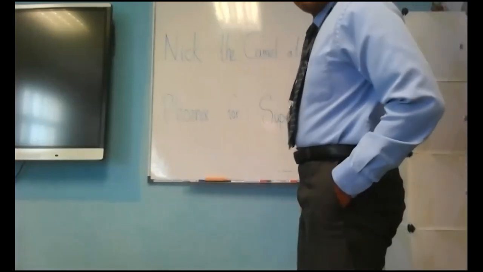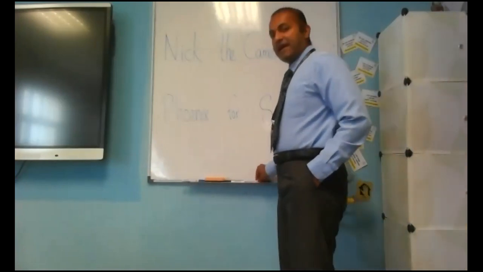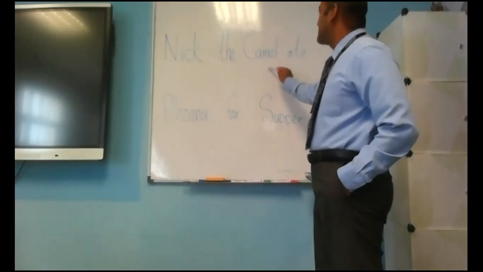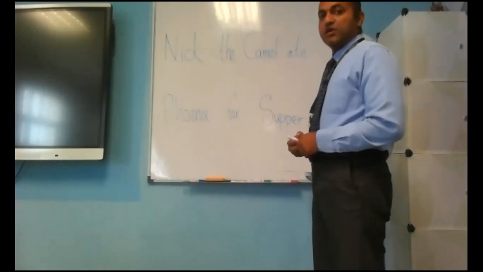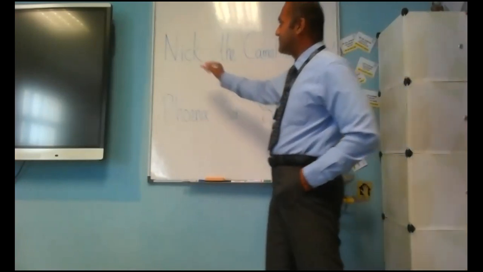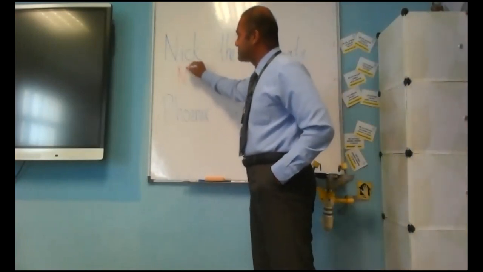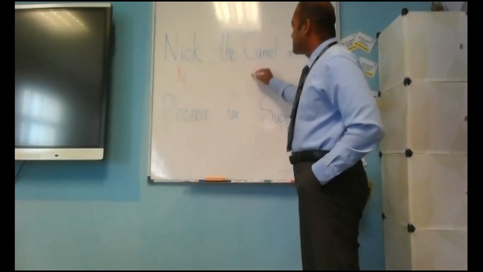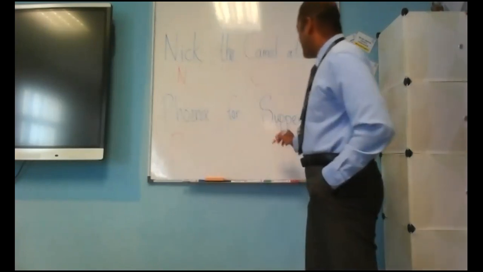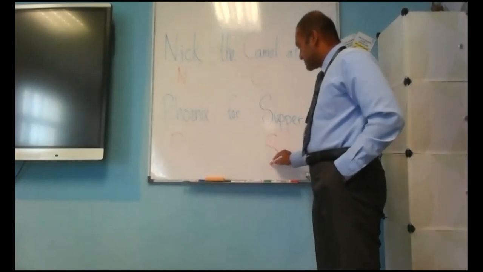We have all these names, Nick, the camel, and phonics for supper. There are 4 polyions here. We have Nick, N, camel, C, phonics, P, and supper, S.